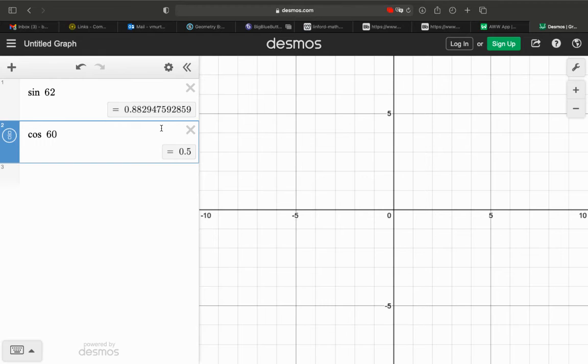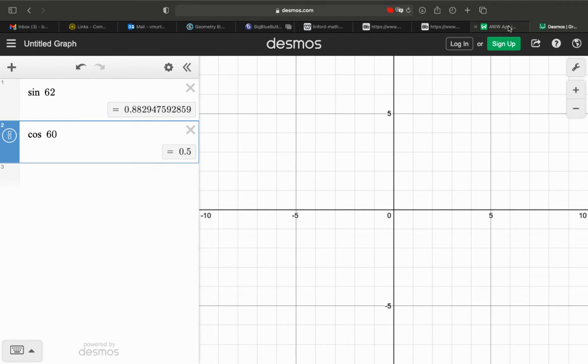Please don't forget to use the keyboard on your laptop. In case you want the value as a fraction, you can see on the left side there is a fraction option too. You can take it as a decimal or as a fraction. If you click it, then it changes to 1/2. Or else if you click it back, then you'll get 0.5. So if you want a decimal or a fraction, that is up to you.